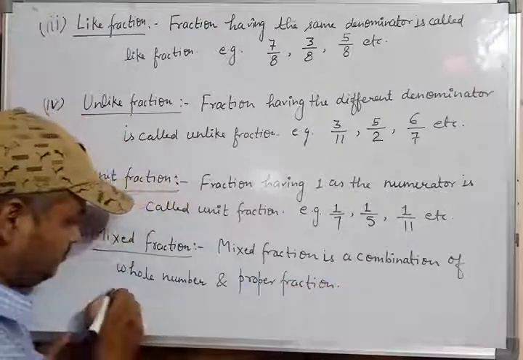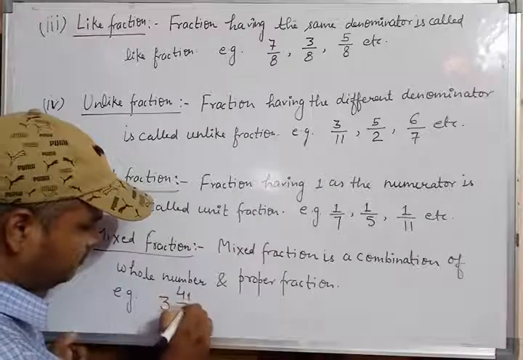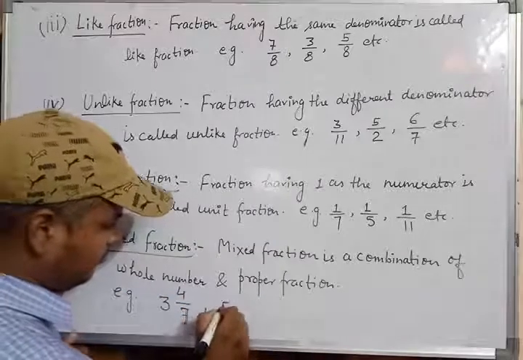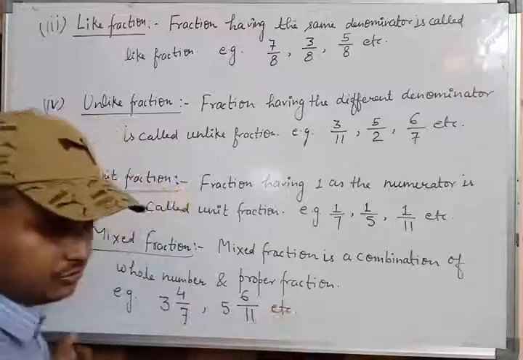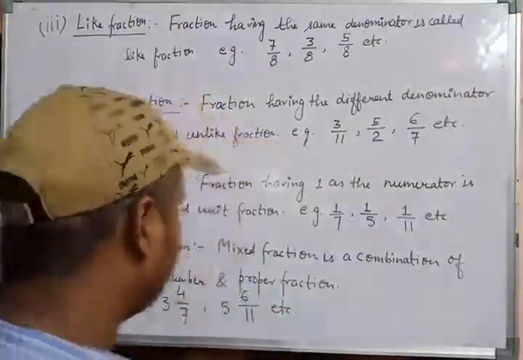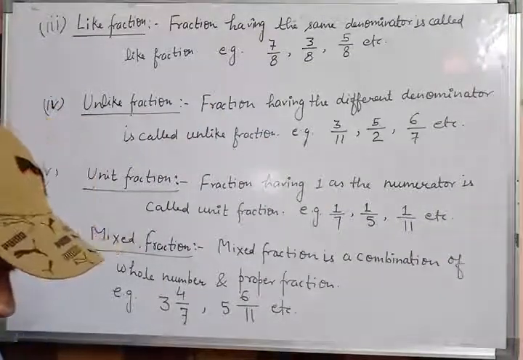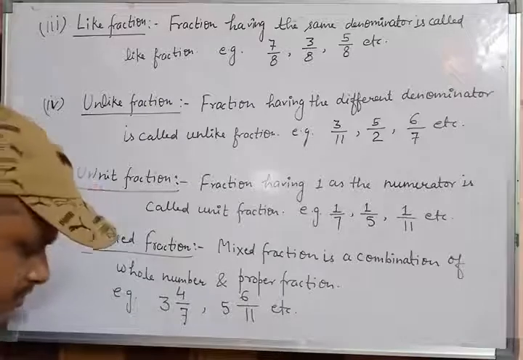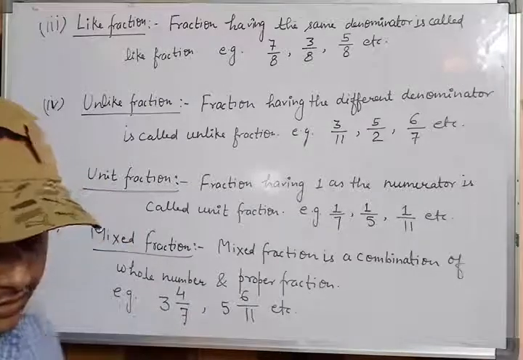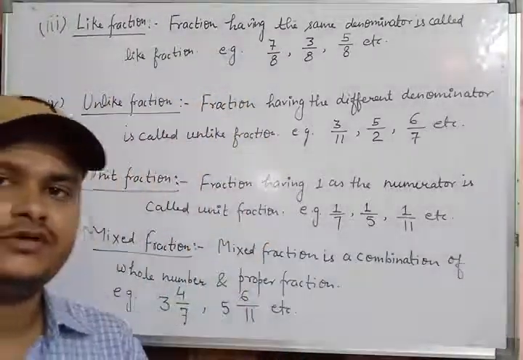For example, we write 3 and 4 upon 7, 5 and 6 upon 11, etc. So students, mixed fraction is a combination of a whole number and a proper fraction.